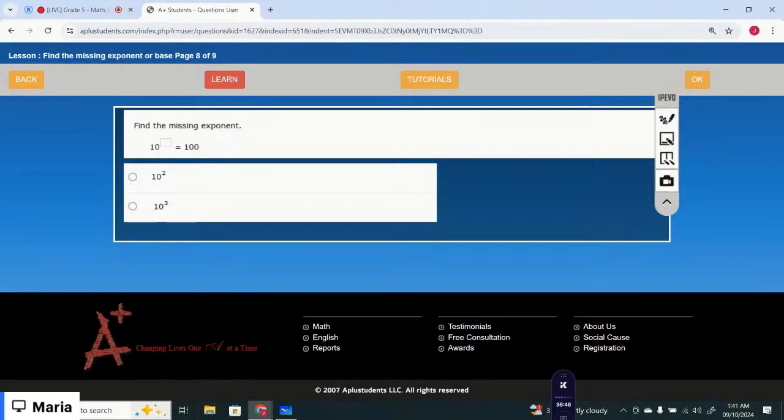Find the missing exponent, which is the correct option? That is 10 exponent 2. Option number 1 is the correct option.